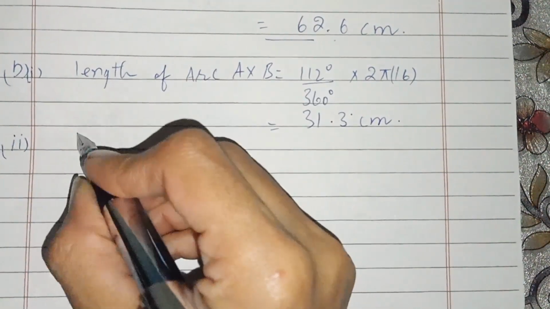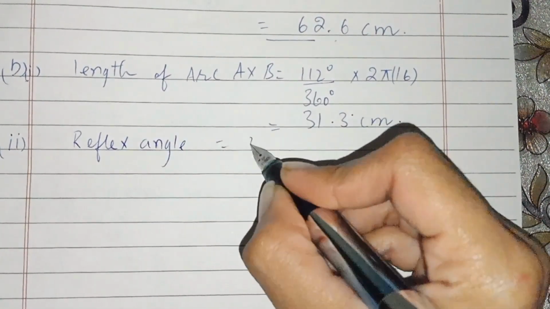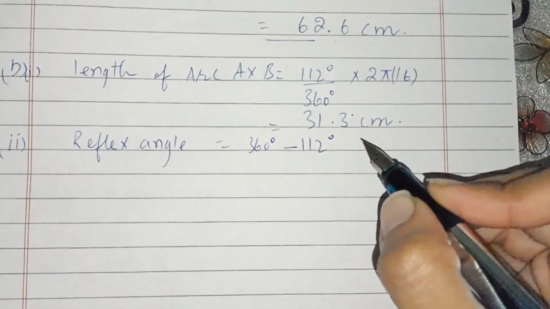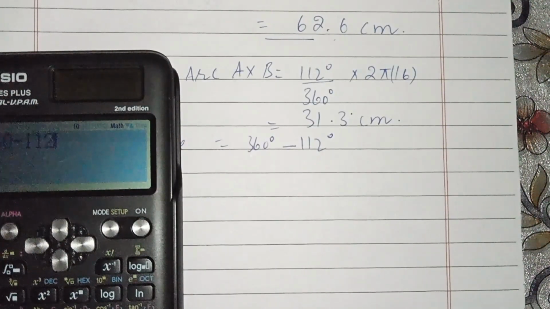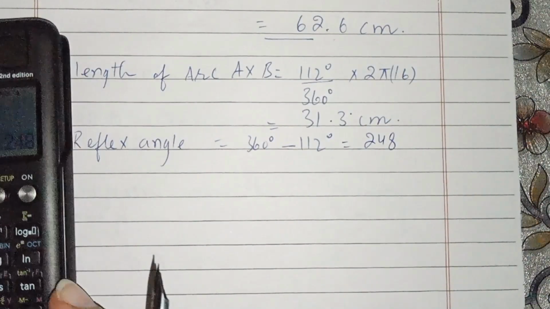Now part number 2. First we have to find the reflex angle and we get it by 360 minus 112. 360 minus 112 and we get 248.